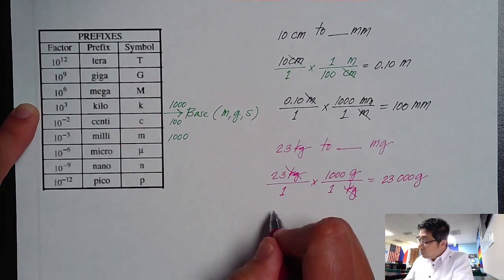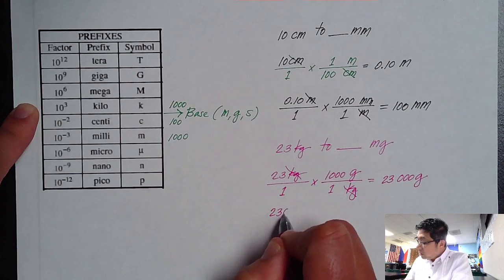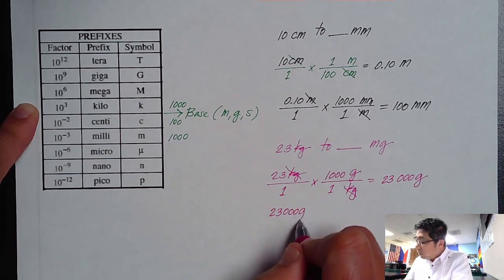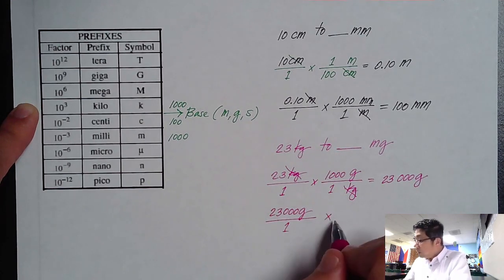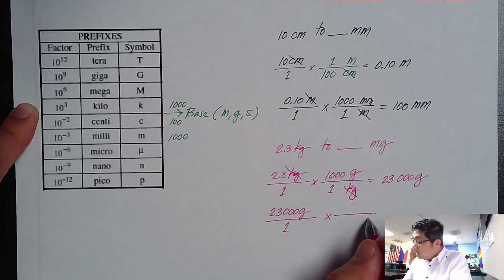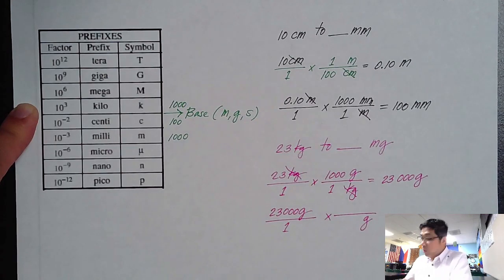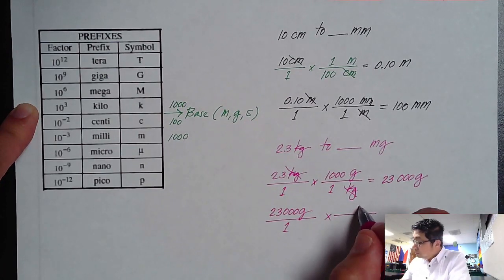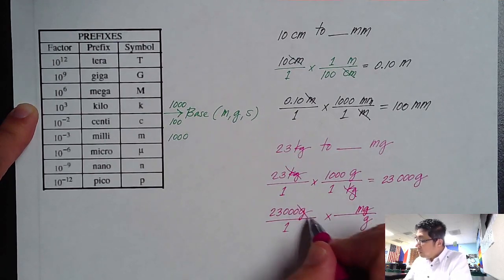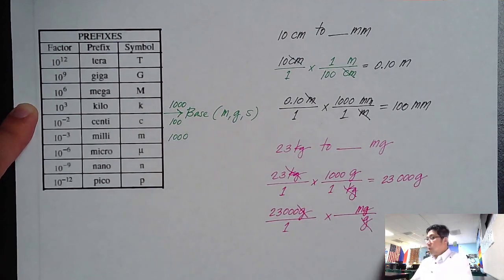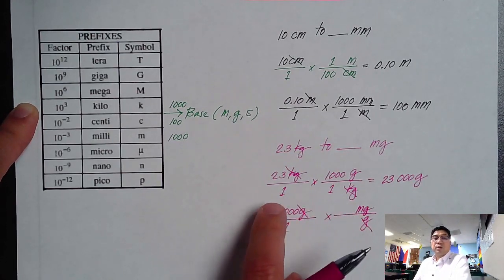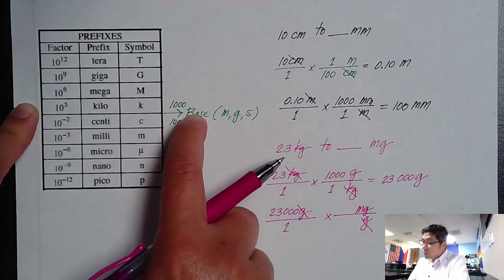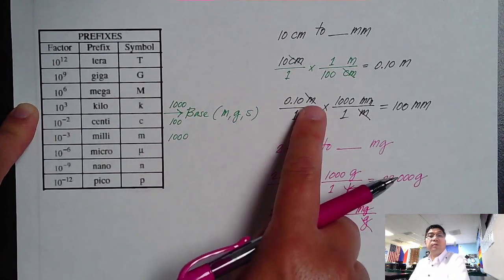But we're not going to stop here. Instead, we will continue by changing our 23,000 grams and converting this into milligrams. So let's place our grams right here, and milli is on the top. So our gram cancels out, and we want to change this into milligrams. Grams going to milli, what did we do right here?